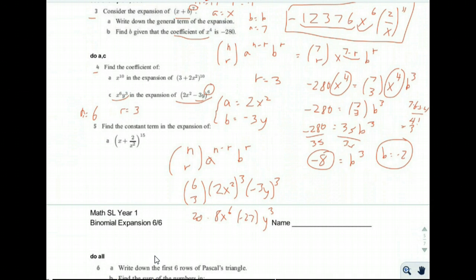Okay, so you could do that on the calculator or by hand. n equals 6, r equals 3 would give us 20, I think. So that would give us 160 times negative 27 times x to the 6th y cubed. And so it says find the coefficient of, so the coefficient would be that. It would be negative 27 times 160.